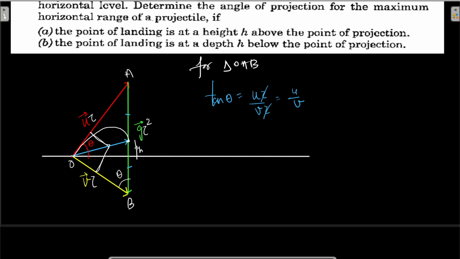We can use energy conservation, or the third equation of motion. The work done by gravity is minus mgh. This should be equal to final kinetic energy minus initial kinetic energy. So v should be the square root of u square minus 2gh.